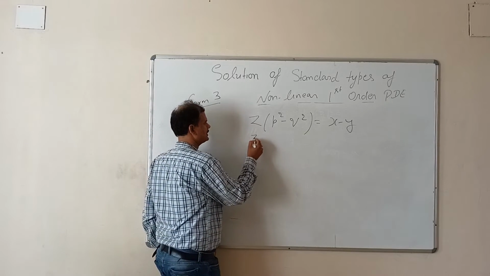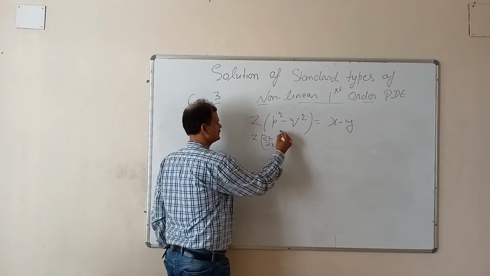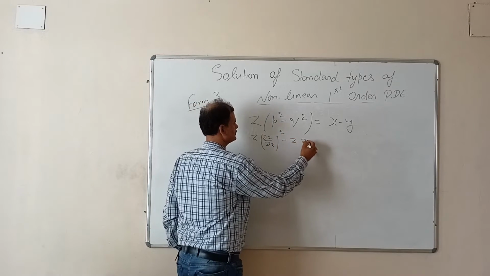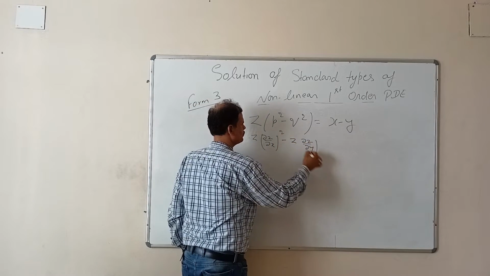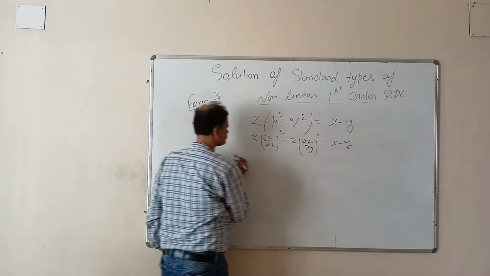So we can have z(∂z/∂x)² − z(∂z/∂y)² = x − y.